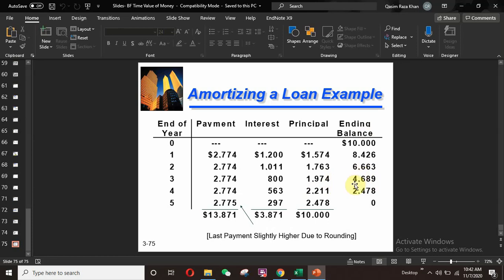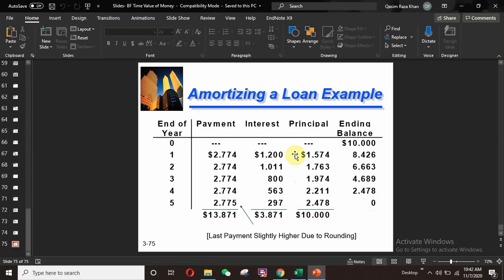After allocation of this, the remaining amount will be 4689, and so on. After 5 years, my total borrowing amount of 10,000 will be repaid. The balance was 10,000, and over the time period we pay the principal, and at the end the balance will be zero.